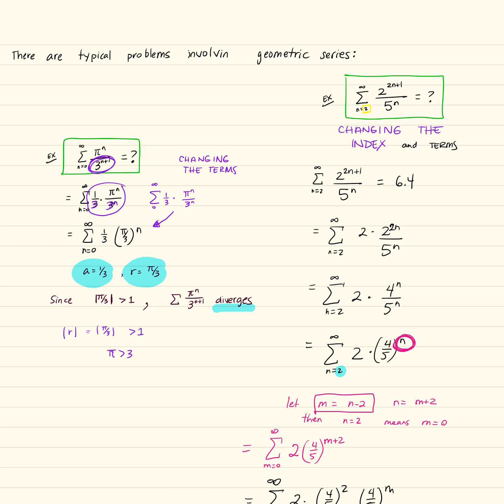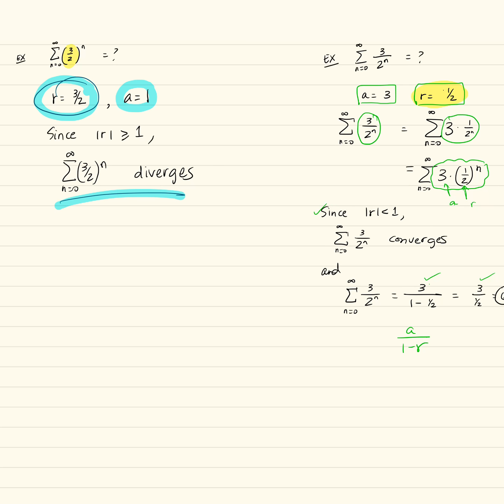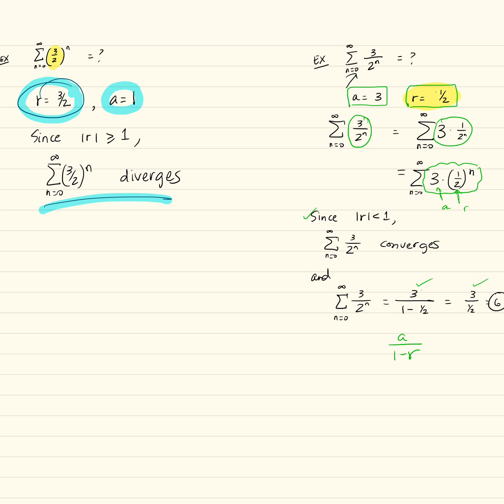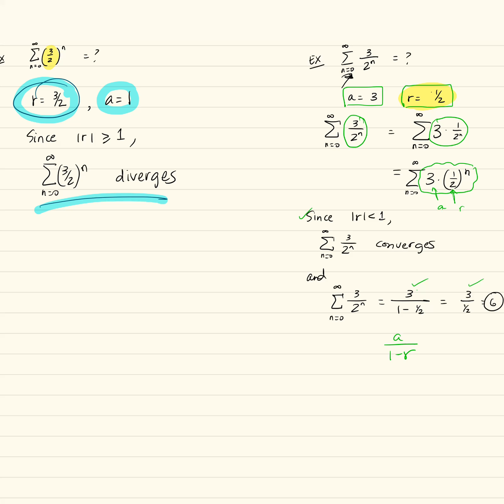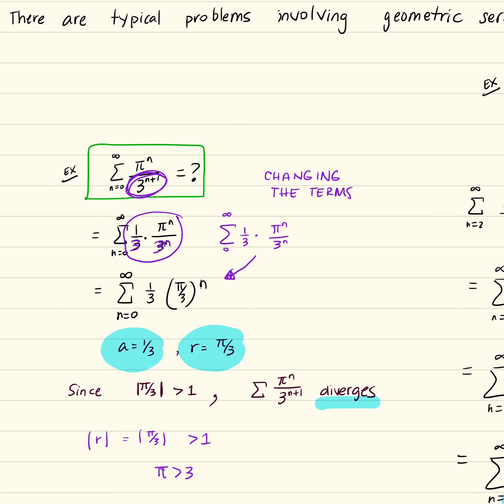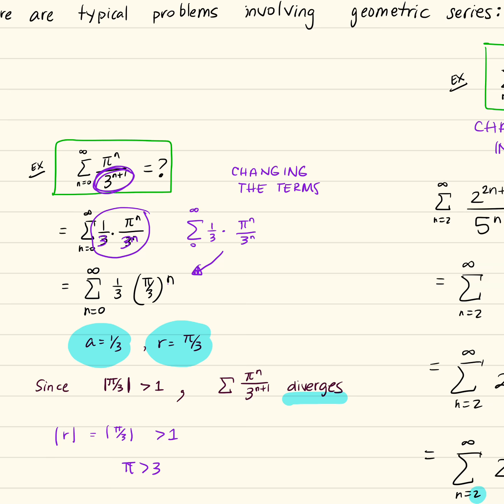Okay, so what are the typical types of problems involving geometric series? This is plain old regular. You're starting at 0. You don't really have to do anything but identify a and r, right? Then it gets a little more complicated because you might need to change the terms. You might have n's and n plus 1s, right? So you might need to rearrange.